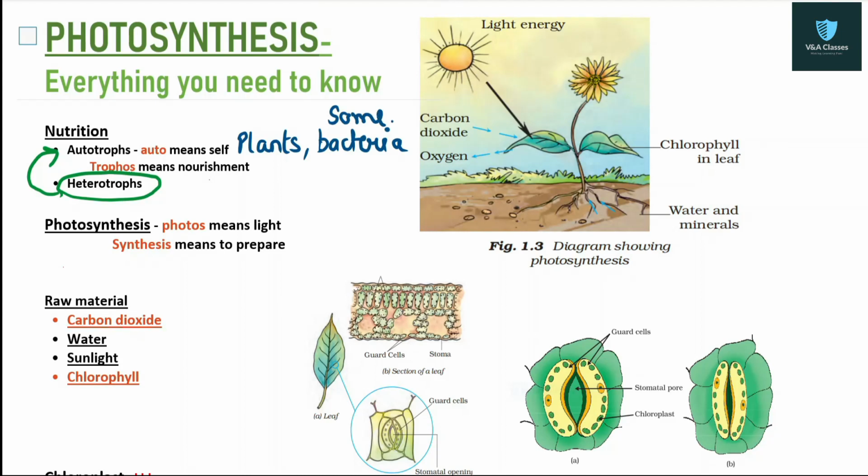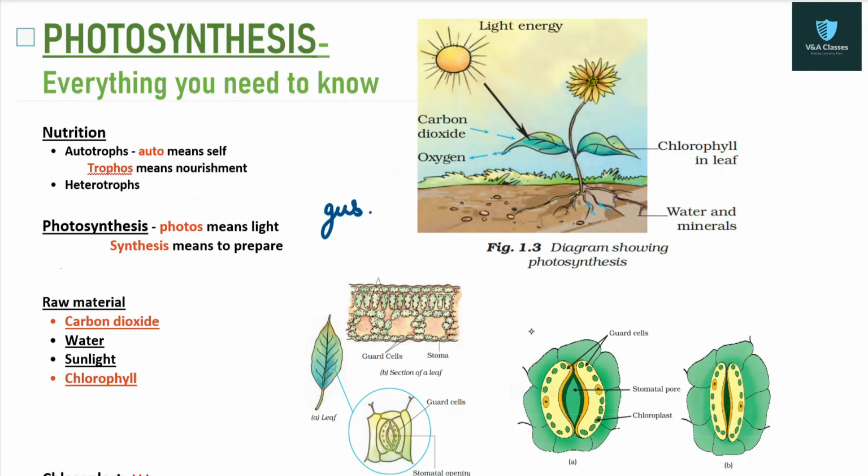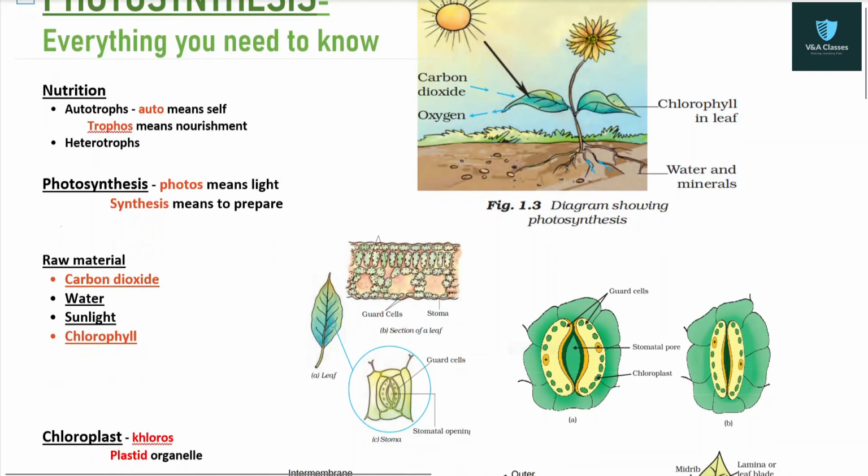And the examples of heterotrophs are principally animals, humans, and fungus. So we have seen the term nutrition, we have seen two types of nutrition, and also the examples. So after knowing all this, now we can come to our main topic, that is photosynthesis.